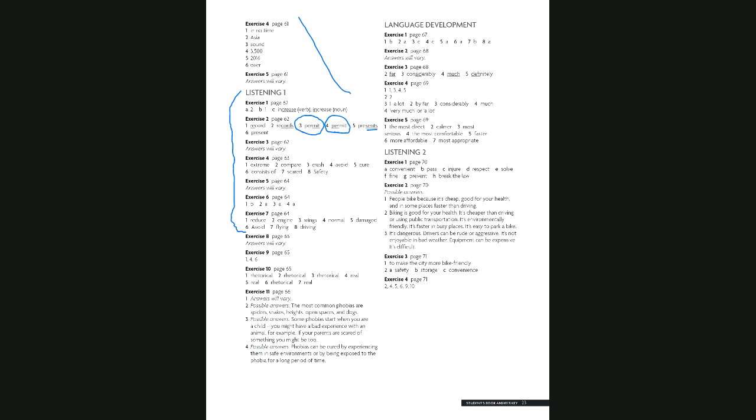Okay, and the last one I wanted you guys to do was the top of page 65. This is just your own opinion. So let me see what you guys think. It says, read the list of tips on how to deal with and control a fear of flying. How useful do you think each tip is? So they give you a little box.